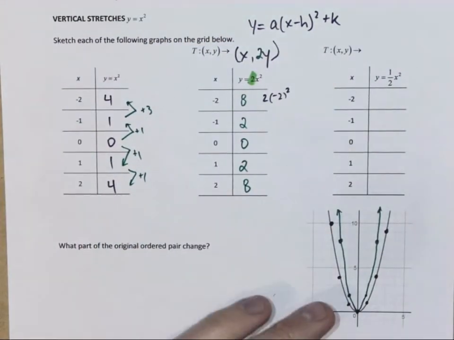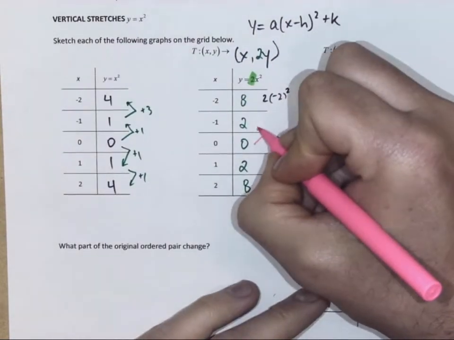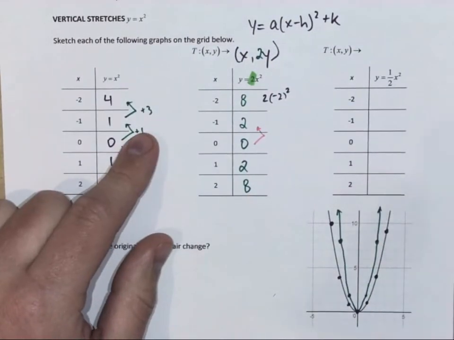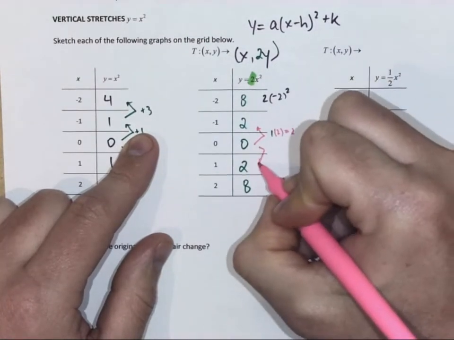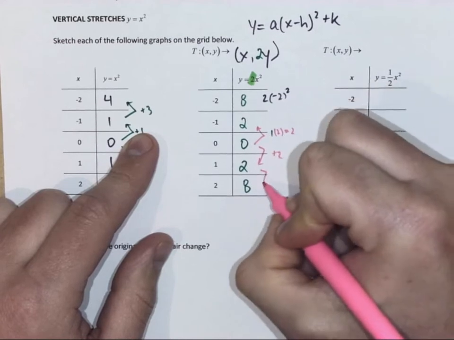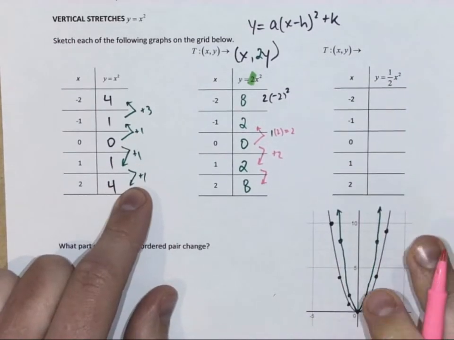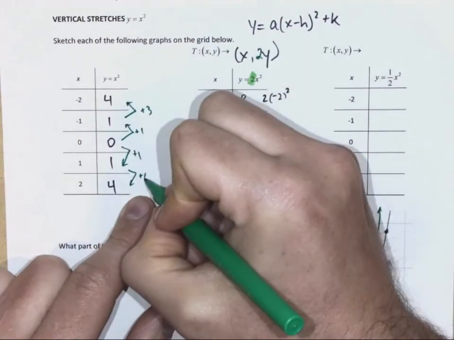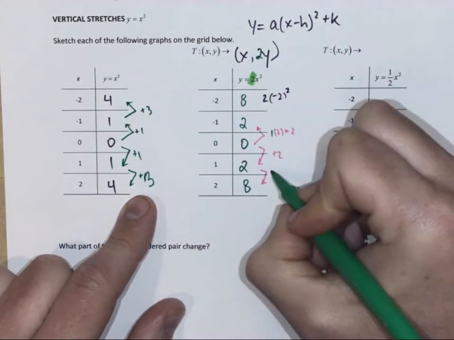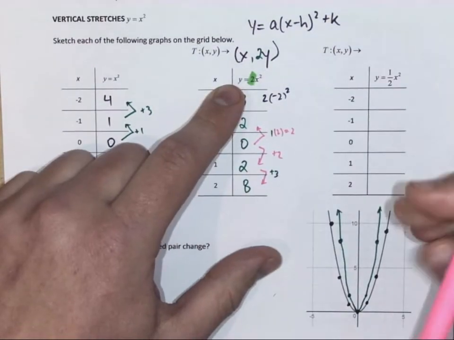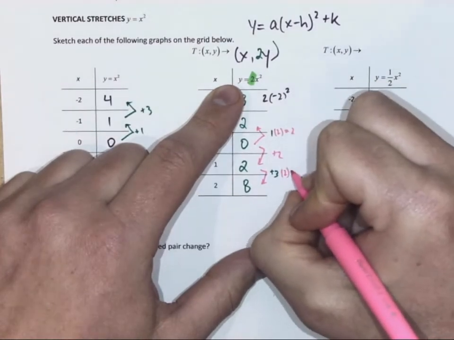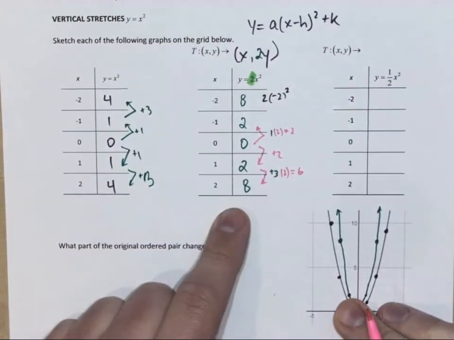Instead, and I'll use a different color here, I'm going 1 times 2, which is up 2. Now I should go up 3, even though I wrote 1 there, sorry. So out 1, up 3, but 3 times 2 is 6. 2 plus 6 is 8.